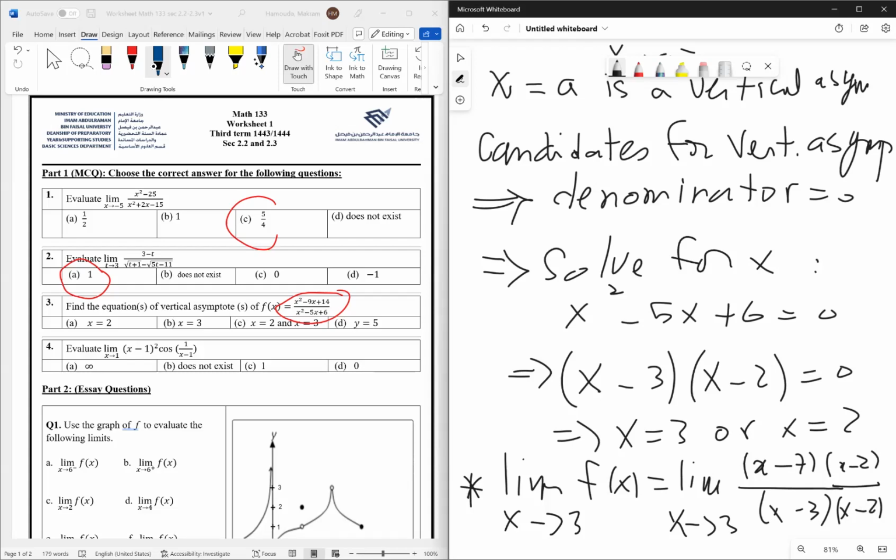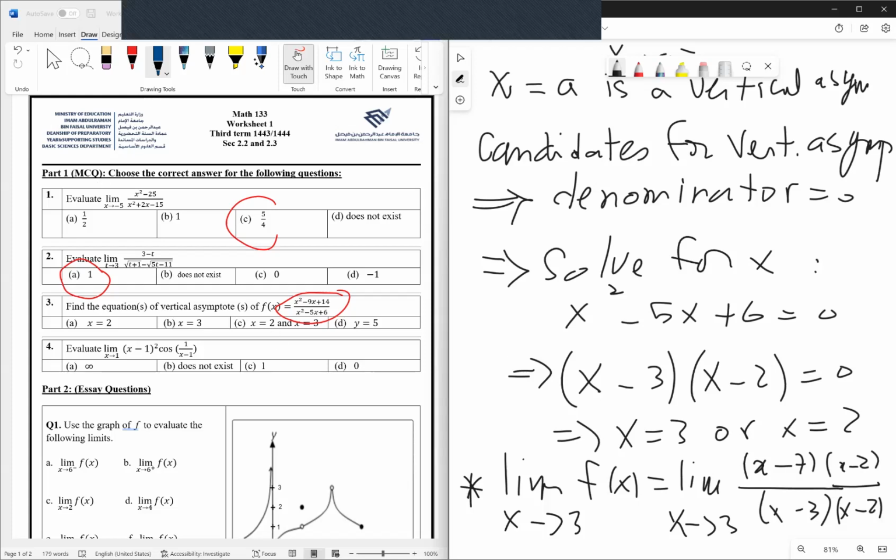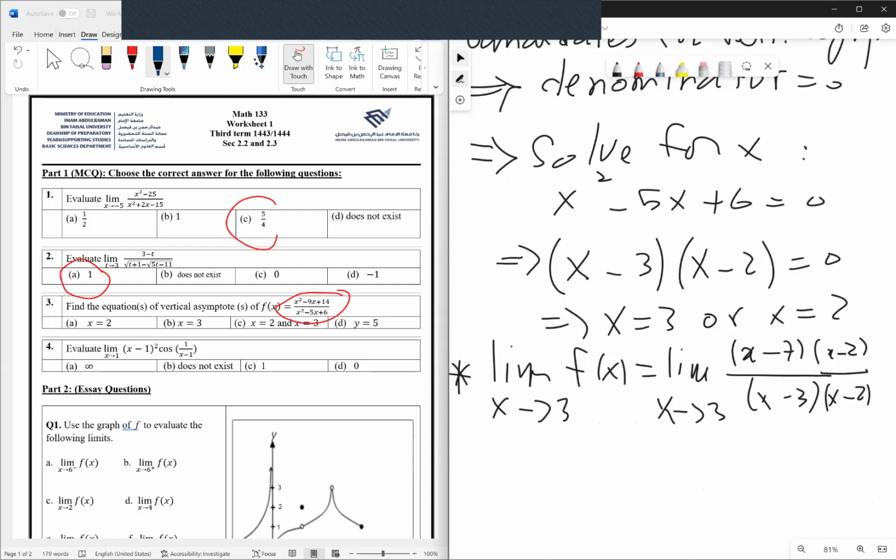And then when I will substitute x by 3, I will get a number which is not 0 over 0. So this makes the limit infinite, plus or minus. In this situation, now it is clear, I will use, in fact, this factoring for all limits that I have.